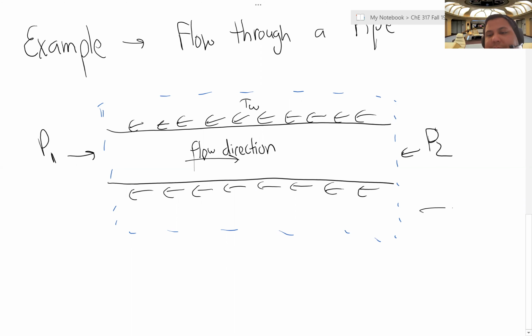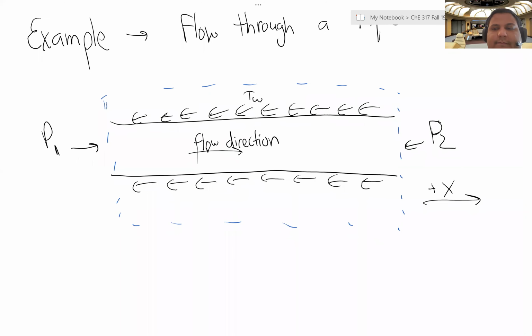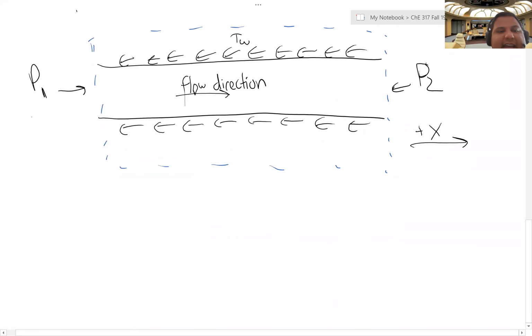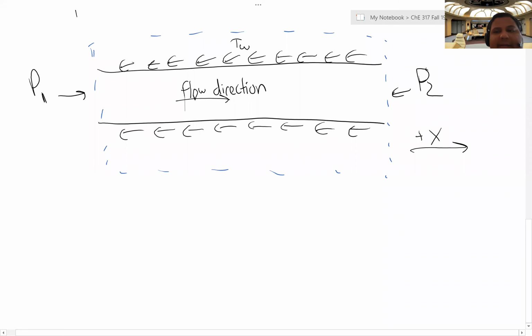Now, if I assume the positive x direction is to the right, I can define a momentum balance in terms of the forces and convective flow that are happening in this system. And so for this system, one of the forces I have is the initial pressure and my final pressure, so P1 minus P2.